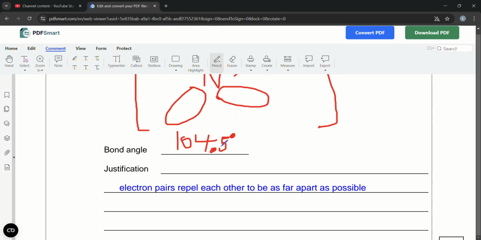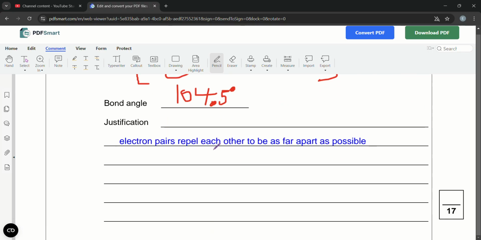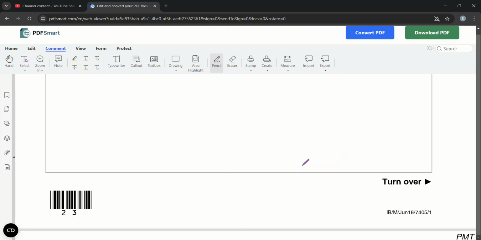Or you could say lone pair repulsion is greater than lone pair bonding pair repulsion. But this one is an answer I always see in a mark scheme. They really like to put this in a mark scheme: electron pairs repel each other to be as far apart as possible. That is the end of question 8.